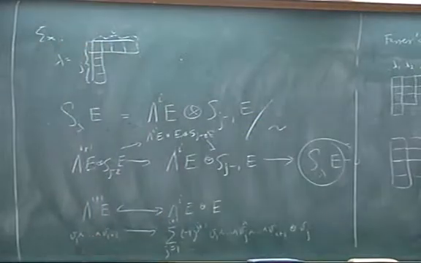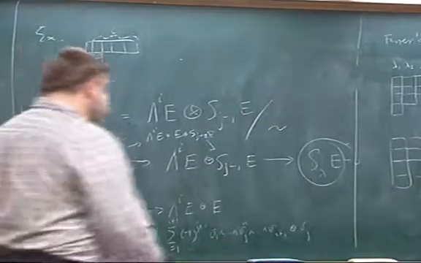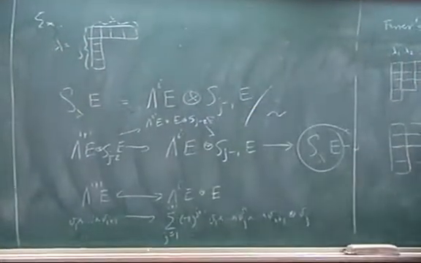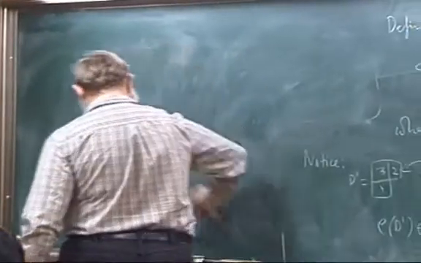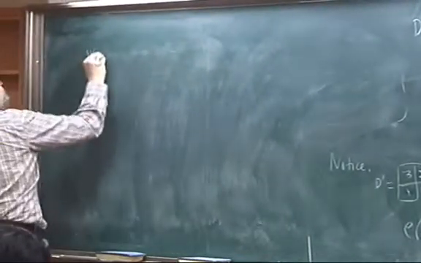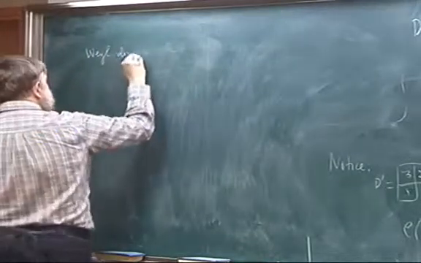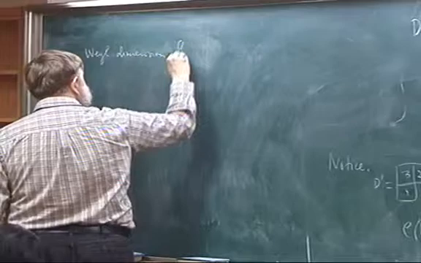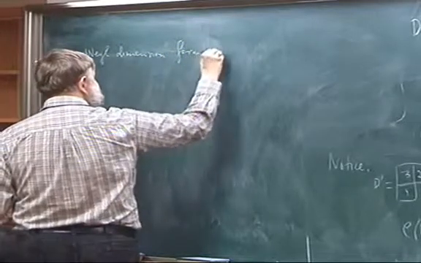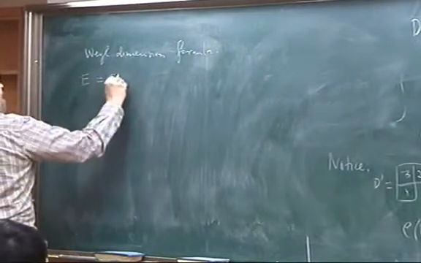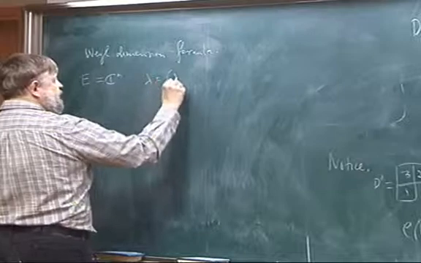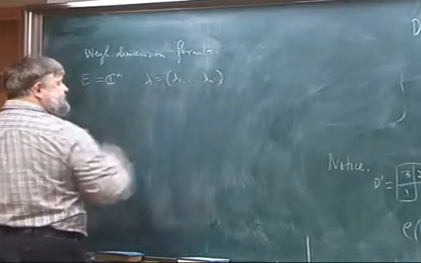And then there is a beautiful thing, one of the main things in representation theory, namely the Weyl dimension formula. So E is C^n, and lambda equals (lambda_1, ..., lambda_n).